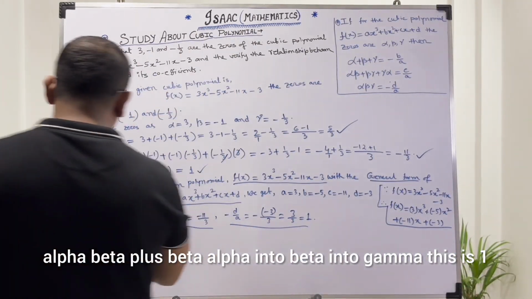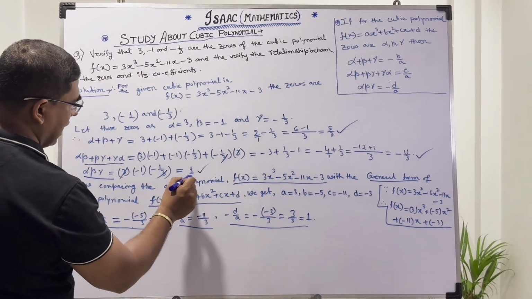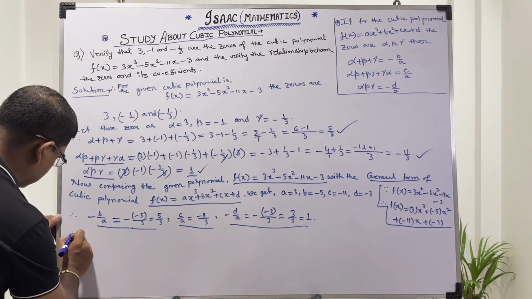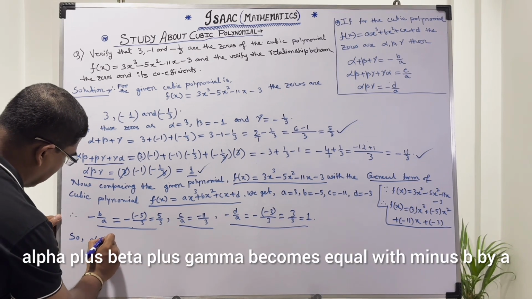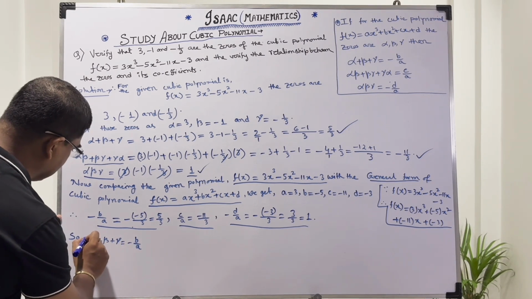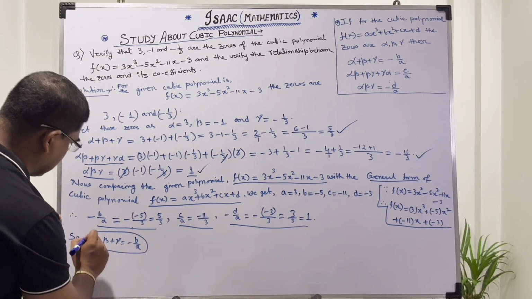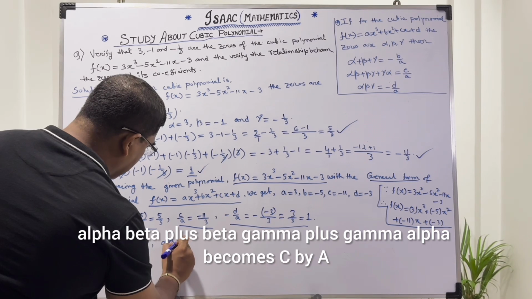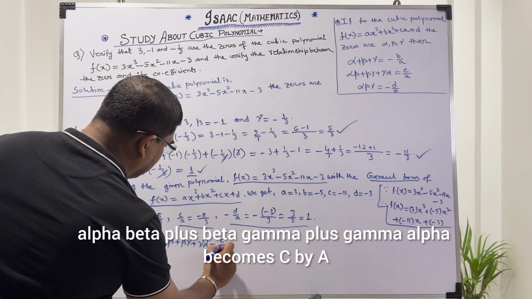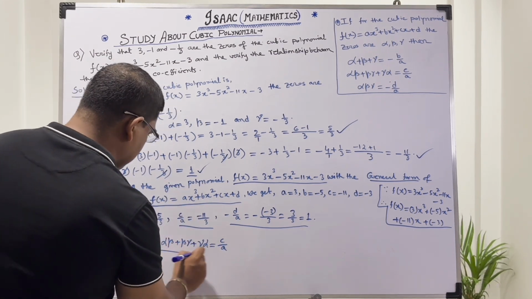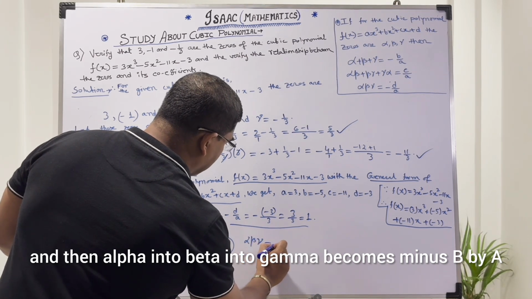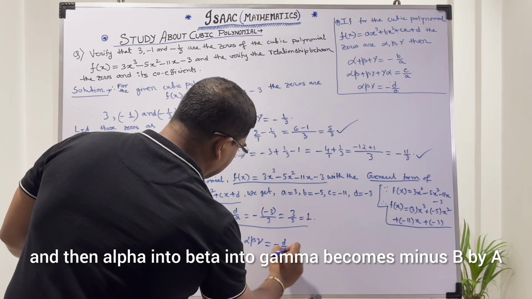Alpha into beta into gamma is 1, and here minus d by a is also 1. Okay. So alpha plus beta plus gamma becomes equal with minus b by a. Alpha beta plus beta gamma plus gamma alpha becomes c by a, and then alpha into beta into gamma becomes minus d by a.